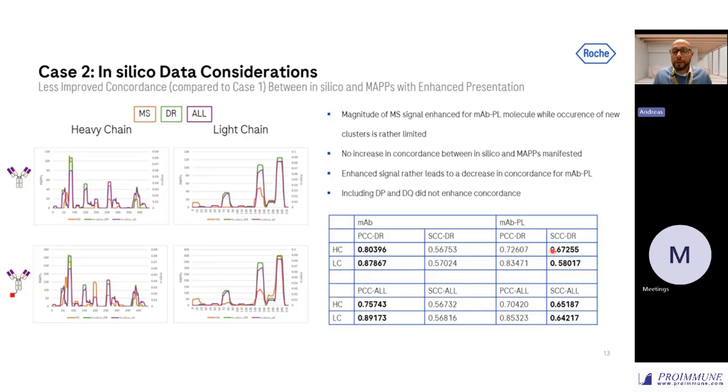But for Spearman correlation, for example, we have quite a consistent increase of the correlation, probably because it's a non-linear correlation in this case. So overall, we find clusters that haven't been previously found, and some of them matched in silico, but we also pull down the correlation by those new clusters that we cannot map on the in silico.